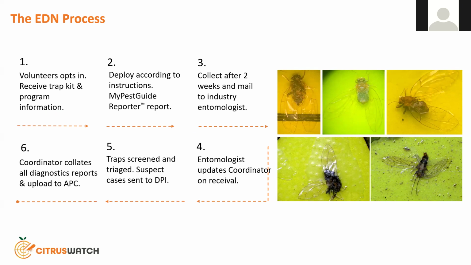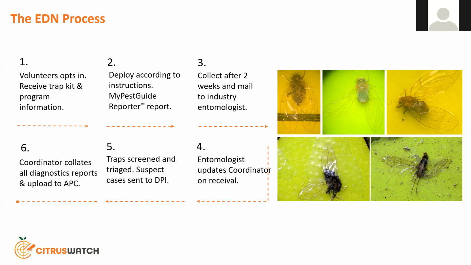Now, the primary purpose of this webinar is to run through how we submit a MyPestGuide Reporter report. We use an app called MyPestGuide Reporter, which you can download for free to an Apple or an Android-based phone. It's a fantastic little app, which is used by a number of surveillance programs.